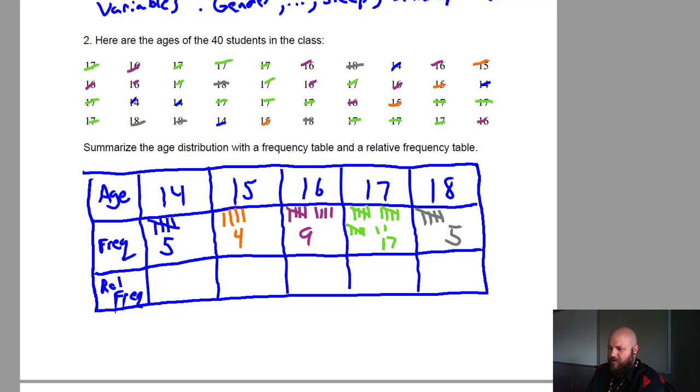we have set up a frequency table because we know how many we have of each of these number values. Now to find the relative frequency, we need to find the percentage, which is the amount out of the total. Let's just call this last part of the table our total.